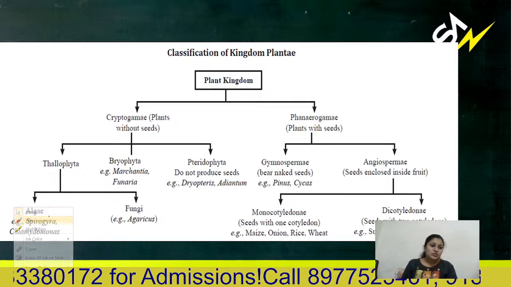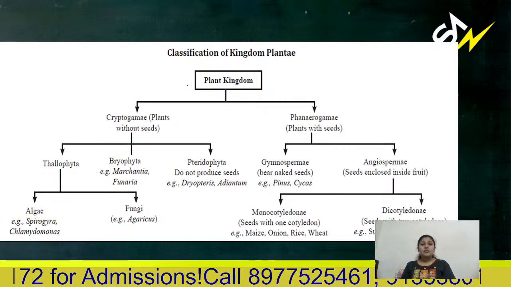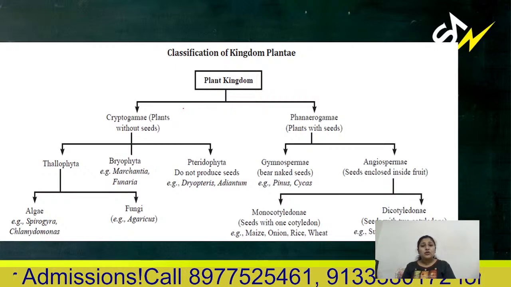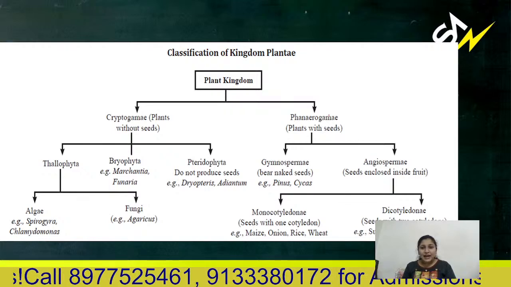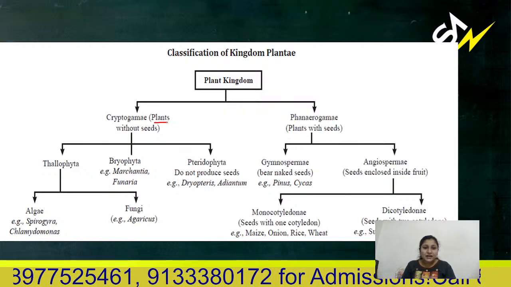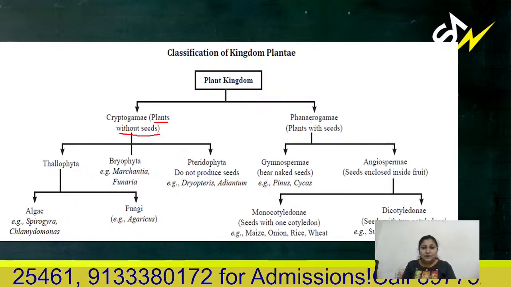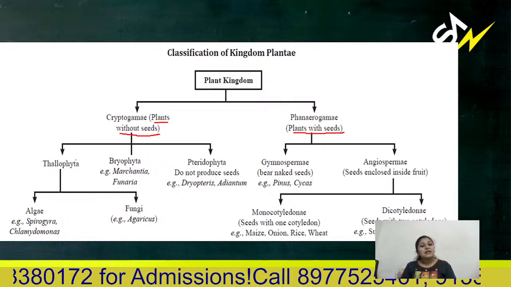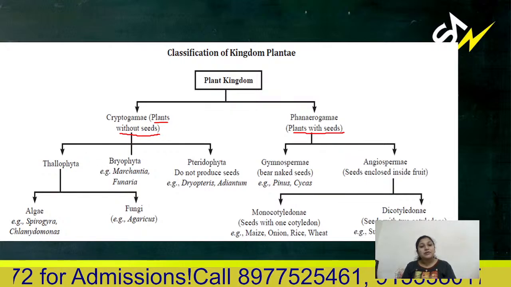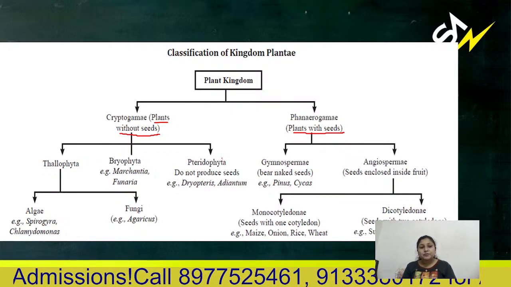Plant kingdom can be divided into two subkingdoms, cryptogamy and phanerogamy, that is plants without seeds and plants with seeds. Plants without seeds are again divided into Thallophyta, Bryophyta and Pteridophyta.